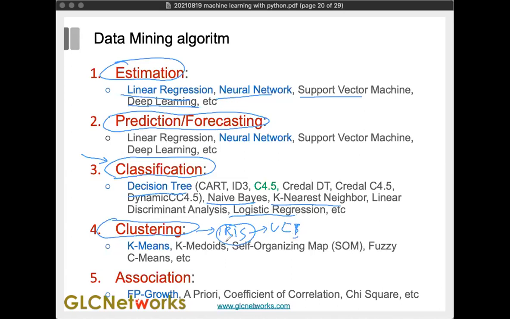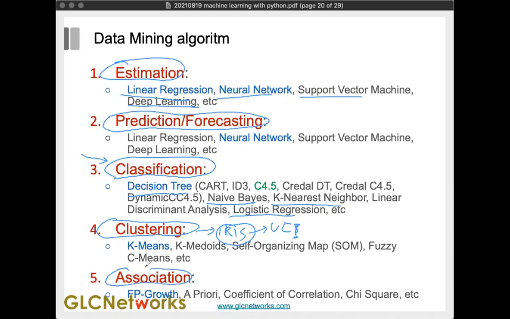With this clustering, we can see this kind of label: versicolor, setosa, or virginica. It's a very classic example when we learn machine learning.